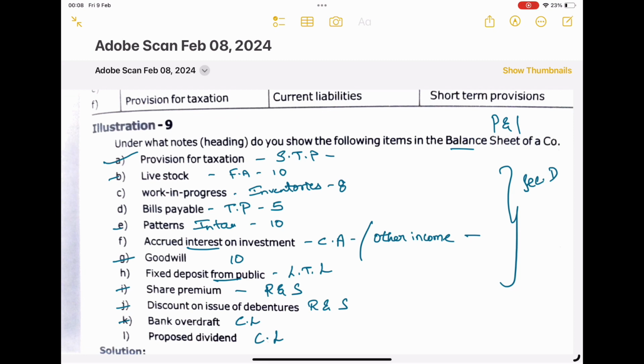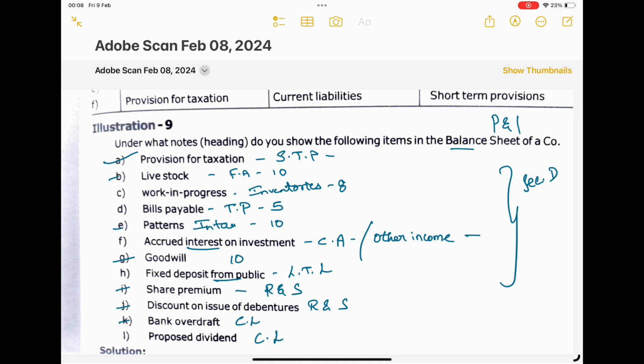Then they ask you to identify which group they will be coming under, or they might ask you to identify with note numbers. So for this purpose, you people have to understand the things clearly.